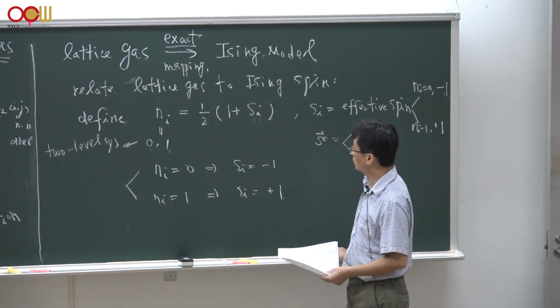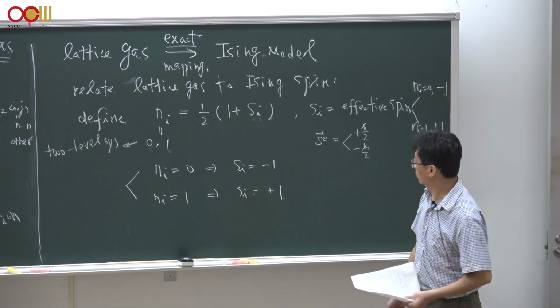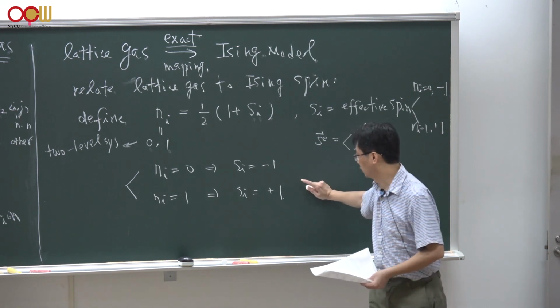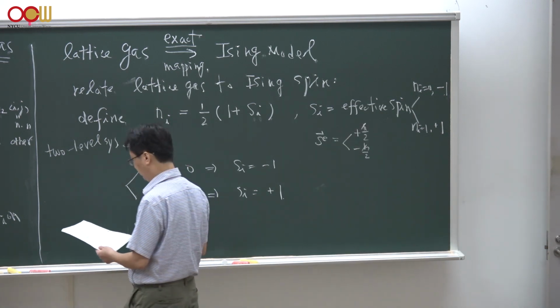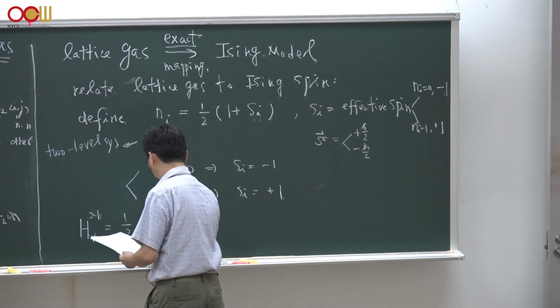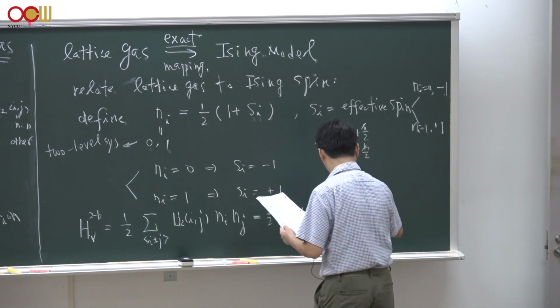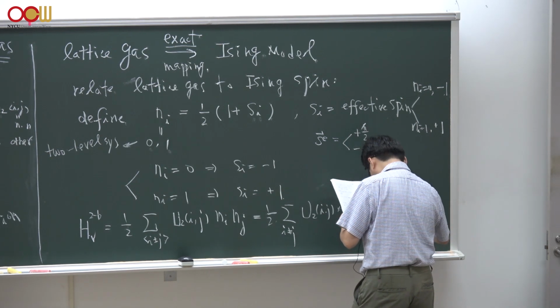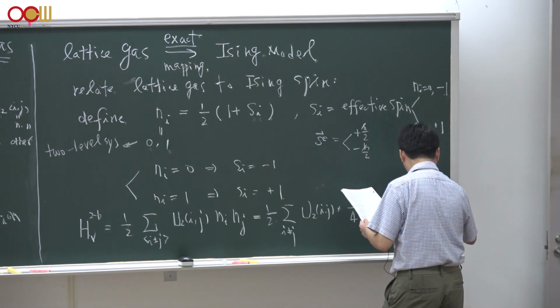So now you can just change your variables from the occupation language to the pseudo-spin language. You can rewrite your Hamiltonian, this two-body interaction, in terms of the spin-spin interaction times a quarter of 1 plus S_i plus S_j plus S_i dot S_j.